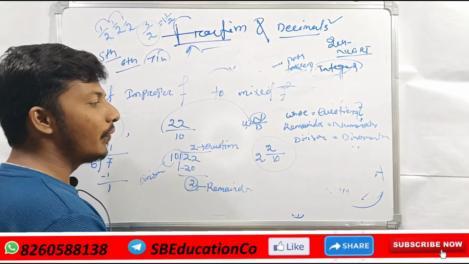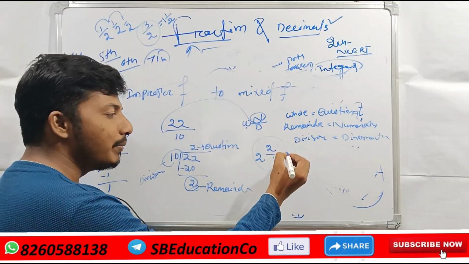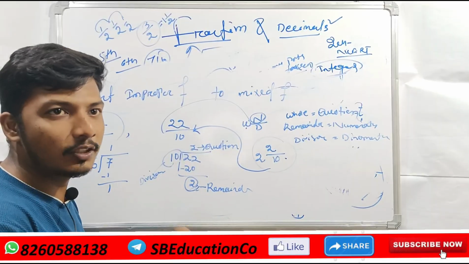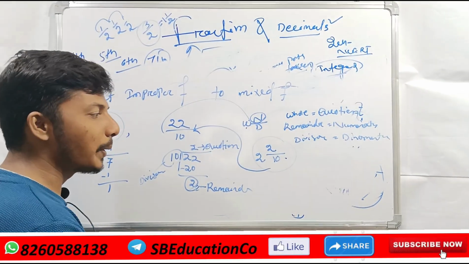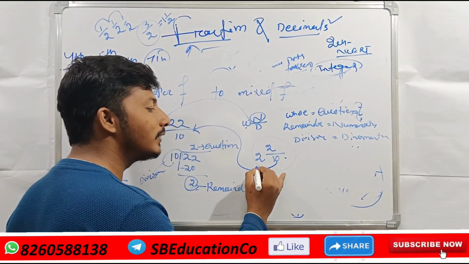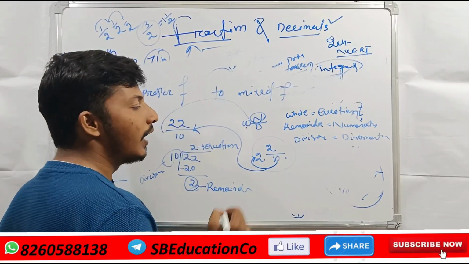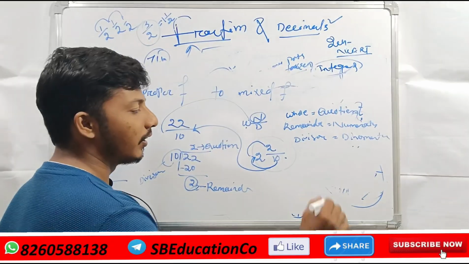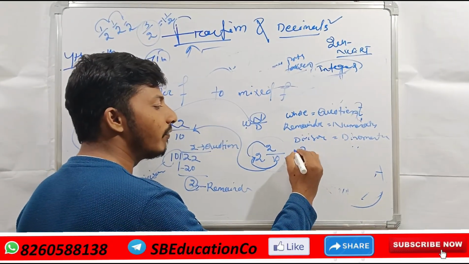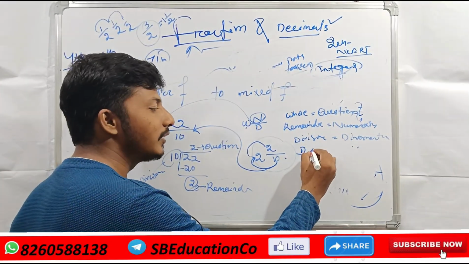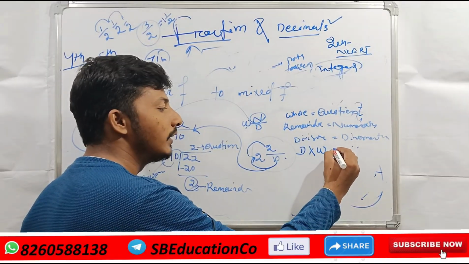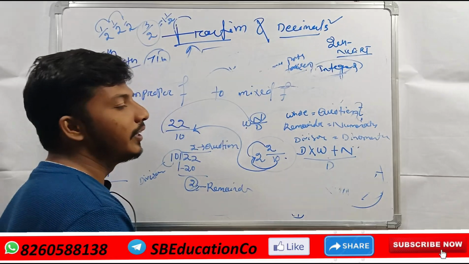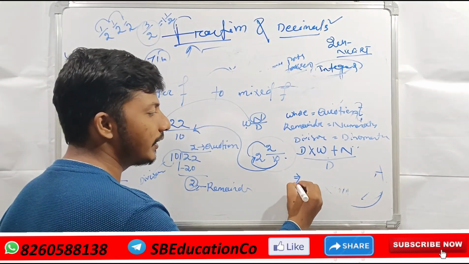Yes, now it is time to convert that mixed fraction to an improper fraction. If you convert a mixed fraction to an improper fraction, what do you do? First you multiply the denominator with the whole. Then add the numerator to the product. And write it over the denominator.